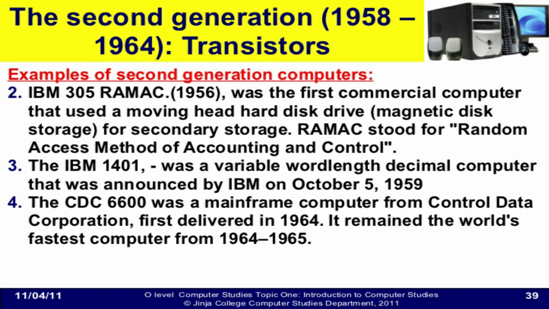The fourth, the CDC 6600, was a mainframe computer from Control Data Corporation, first delivered in 1964. It remained the world's fastest computer from 1964 to 1965.